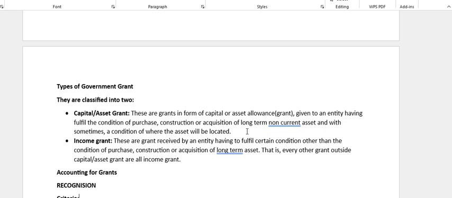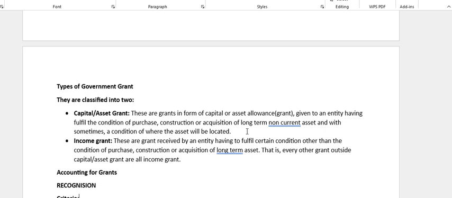The first one is a capital or asset grant. This is a type of grant where the condition that you have to meet is that you must either construct, purchase, or acquire a non-current asset.